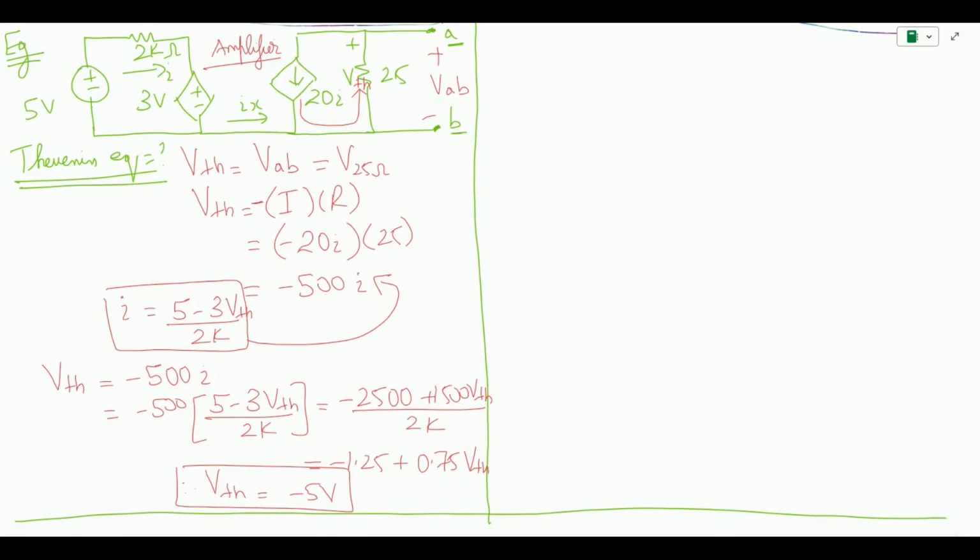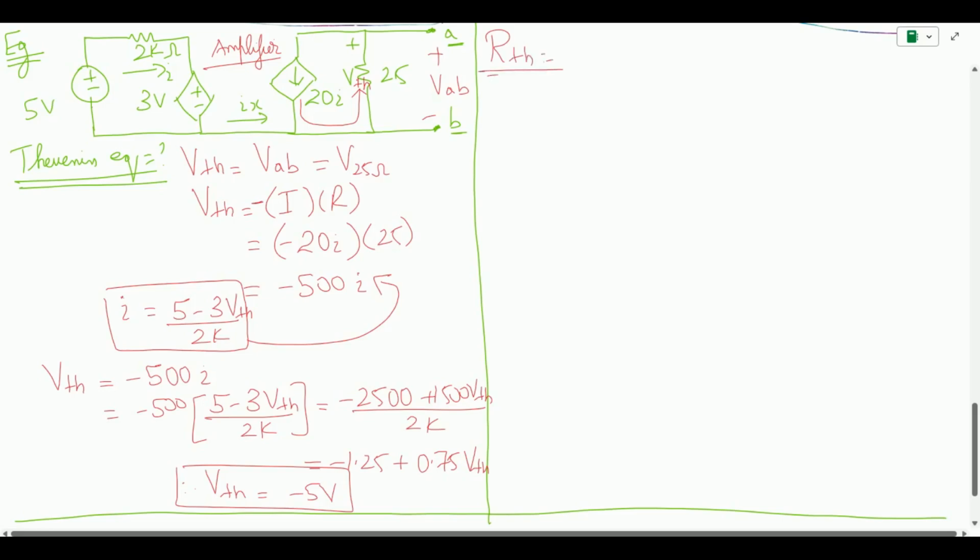Now the next step in this question is to find the RThevenin. So again, we can use both methods, but we stick to the shortcut method or the deactivation method, which is the second method. And in this method, for dependent sources, we call this the test source method. So the idea remains the same, that whenever we have independent sources in the circuit, for finding RThevenin, we basically deactivate them.